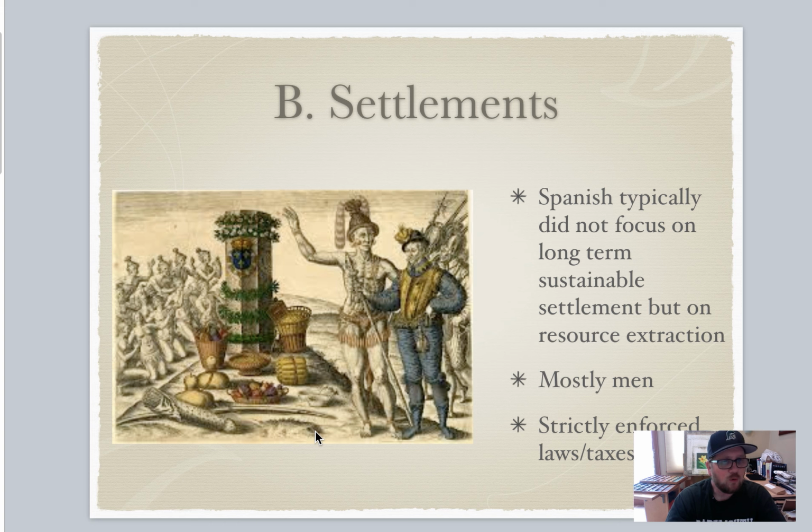And this will be really important because one thing they're really pushing is missionary services and really trying to convert the natives into Catholicism while at the same time subduing them and forcing them into a forced labor system, which we'll get to in a slide or two from now. And so, for the most part, the Spanish had really harsh treatment of the natives to subjugate them and really enforce their rules onto them.